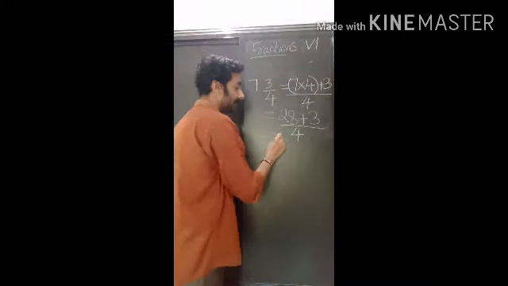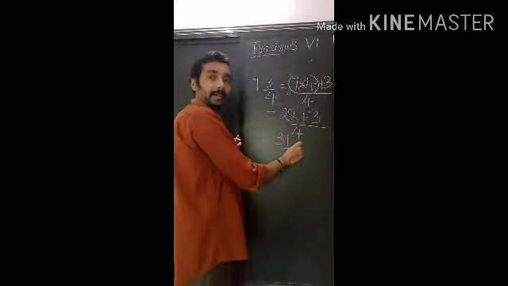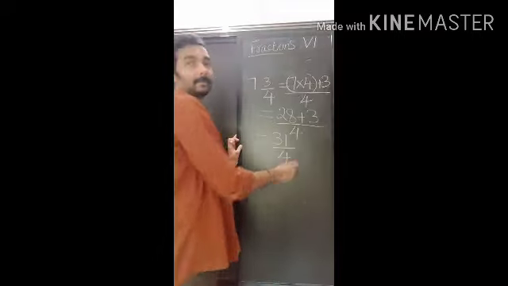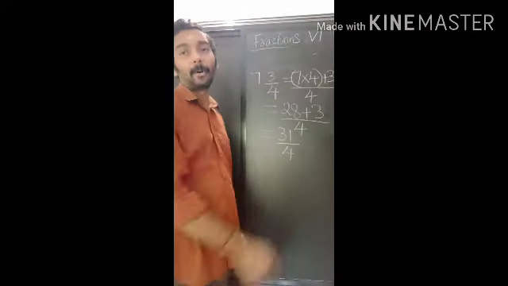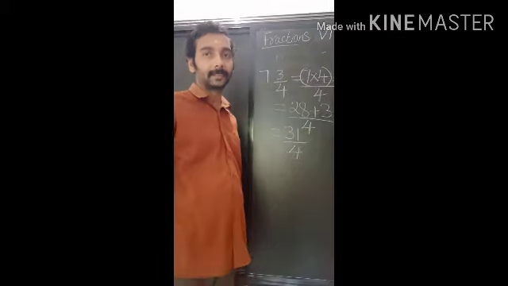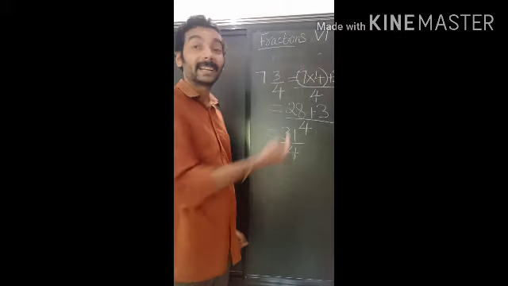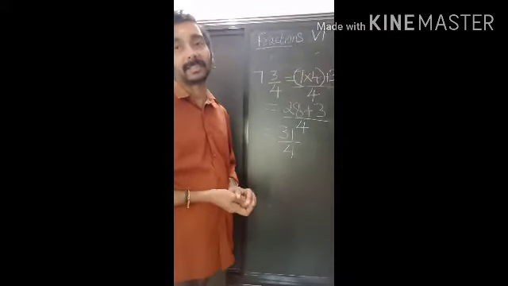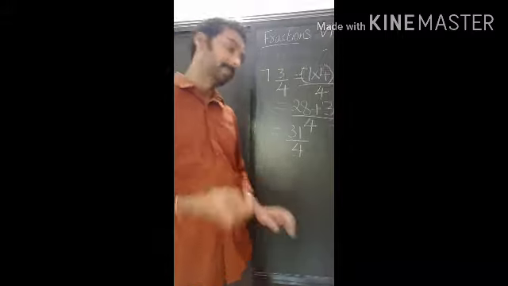That is 31 upon 4. Clear? 31 by 4 is converted into the improper fraction. Third question. Okay.